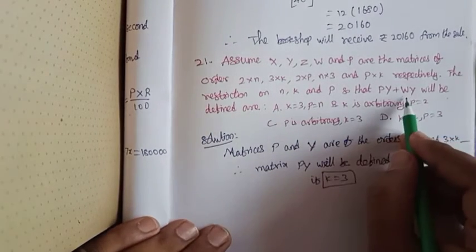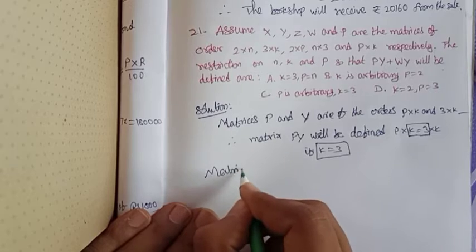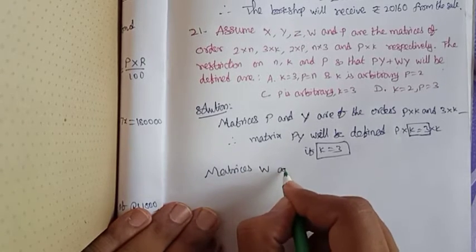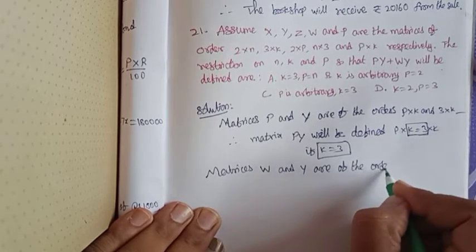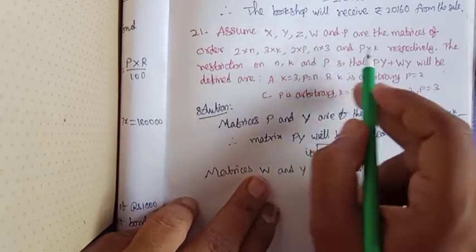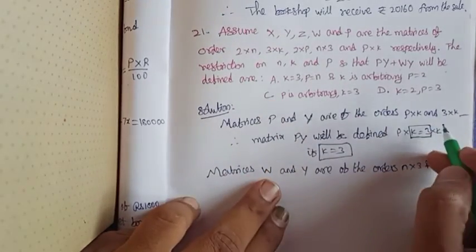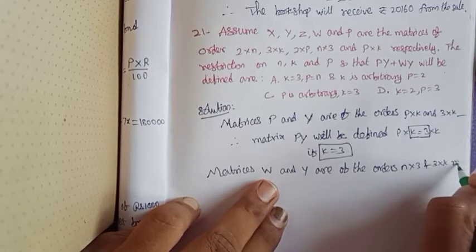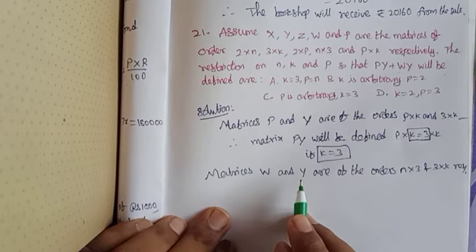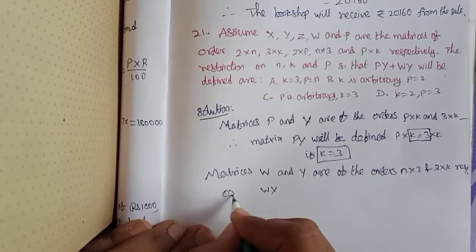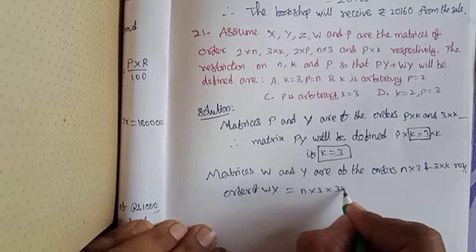Next we consider the W and Y matrices. The matrices W and Y are of the orders n by 3 for W, and 3 by k for Y respectively. In the given question, W into Y, so when we multiply the matrices we get the order of WY as n by 3 cross 3 by k.